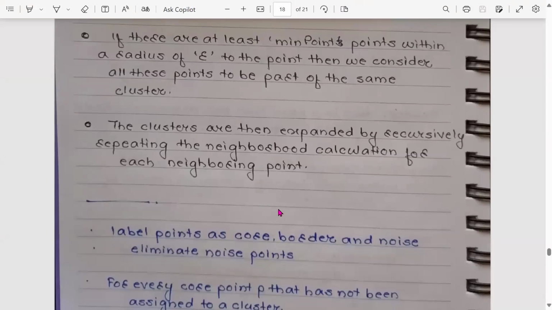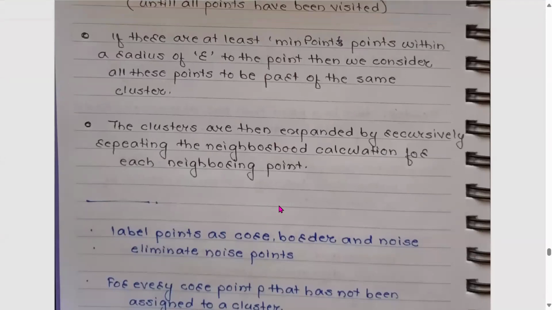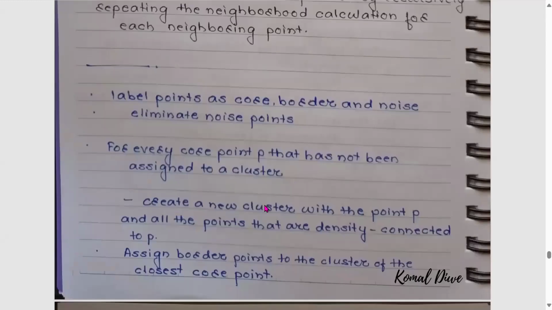The clusters are then expanded by recursively repeating the neighborhood calculation for each neighboring point. Label points as core, border, and noise, and eliminate noise points.